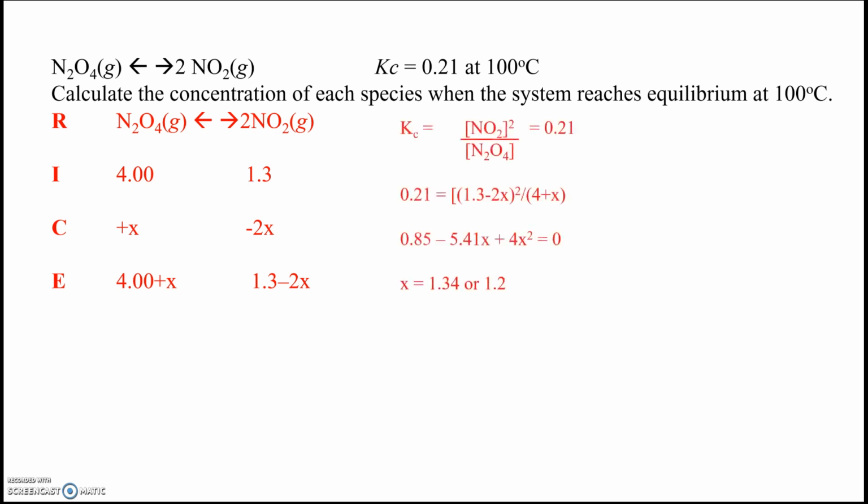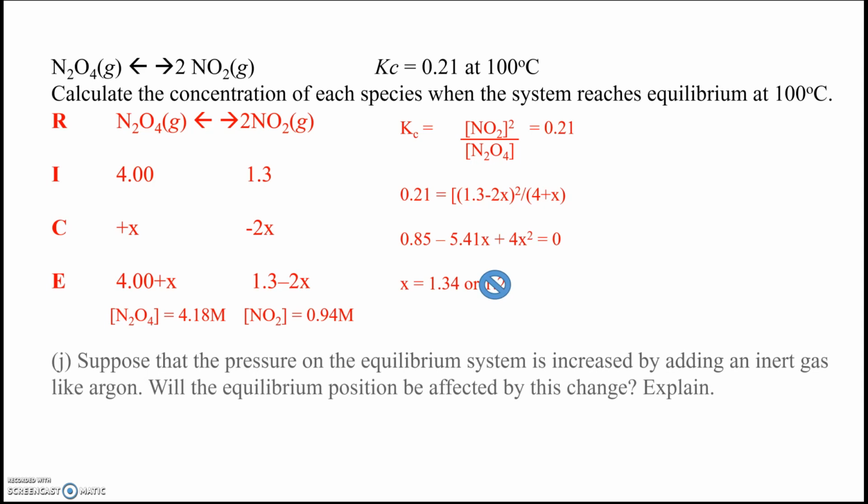I plug that into my Kc equation. I get a quadratic. I have 2 answers for my quadratic, but I can see that if I have 1.2, that's going to give me negative numbers or numbers that don't make any sense. So I stay with 1.34, and therefore my concentration of N2O4 is 4.18 and NO2 is 0.94.